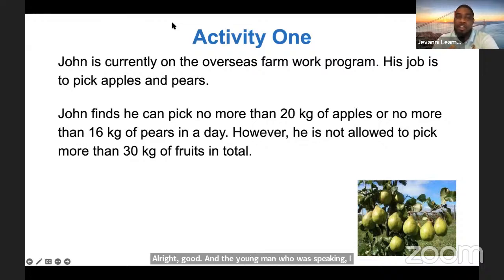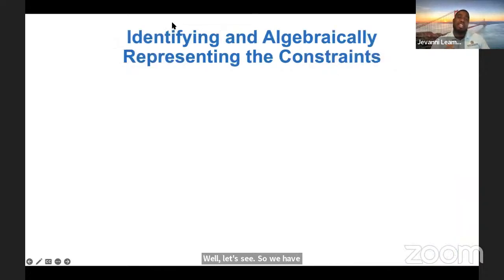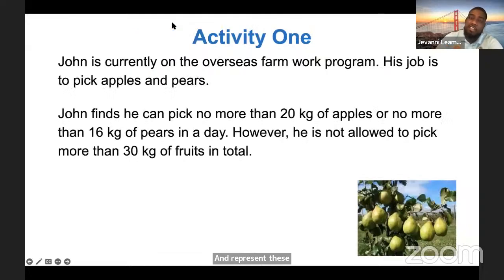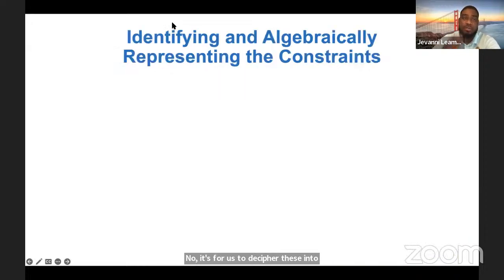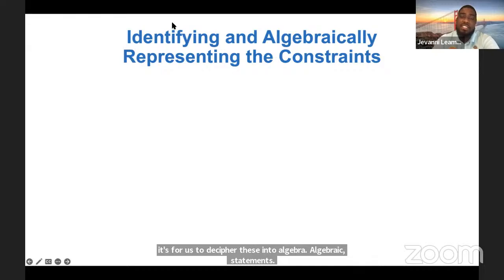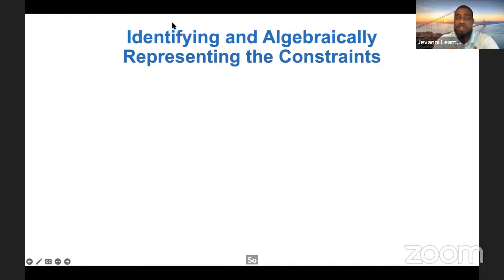Let's see. So we have apples and pears, right? So we need to identify and represent these constraints algebraically. We have it in words, as you would have seen earlier. Now it's for us to decipher these into algebraic statements. So we need to assign some variables.